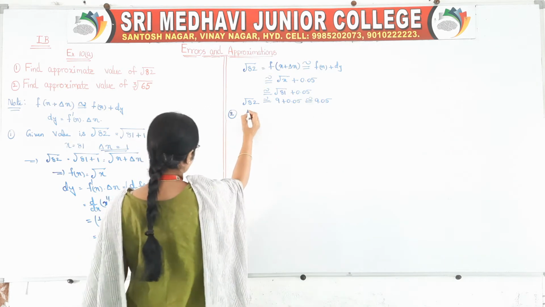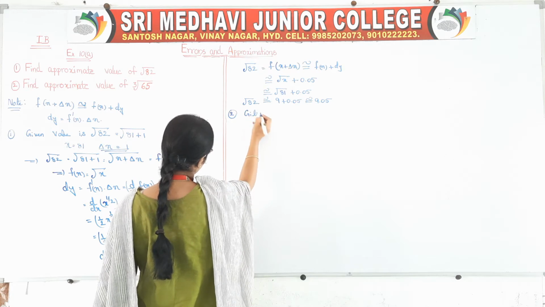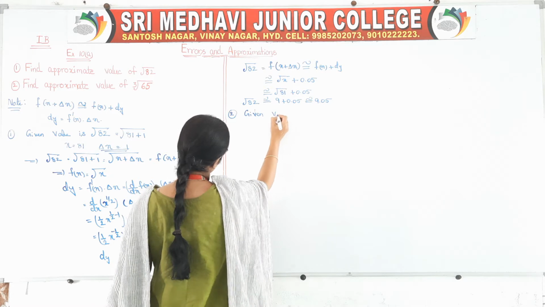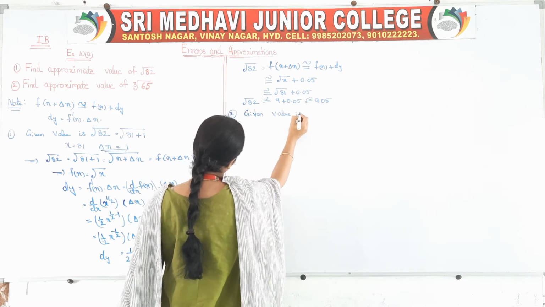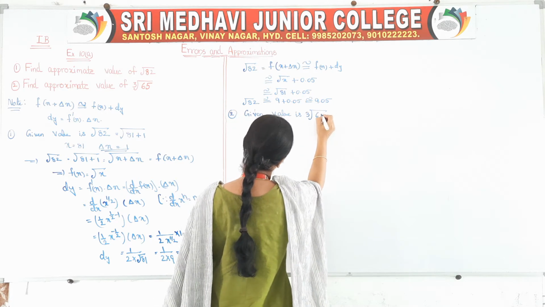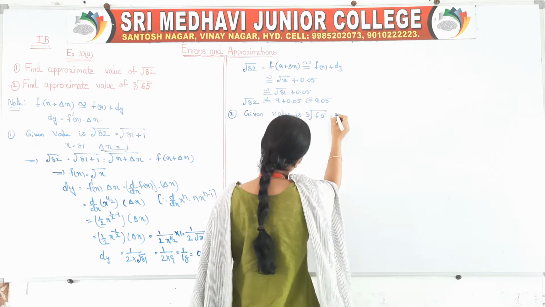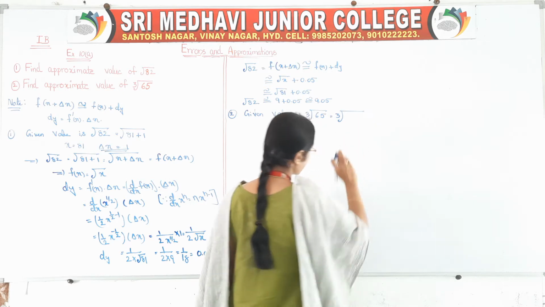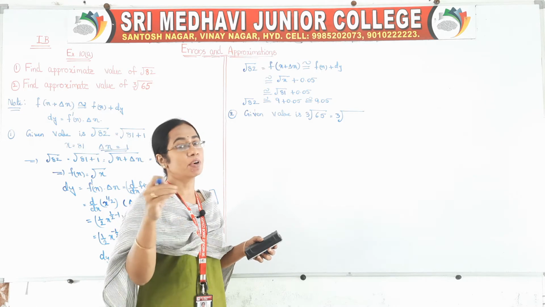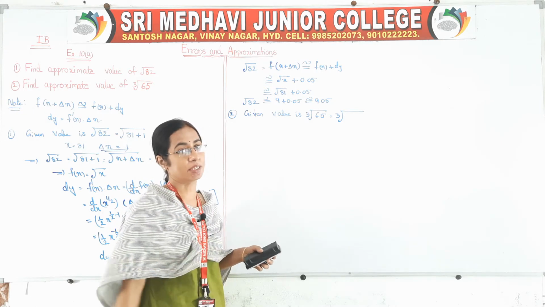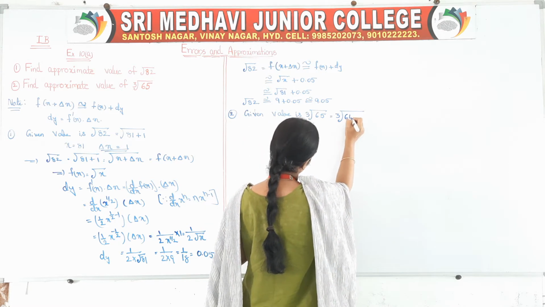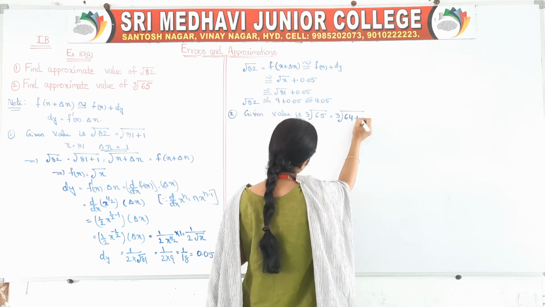So the same thing. What is the given value? It is cube root of 65. Whenever it is not a perfect cube root, try to write the nearest perfect cube value plus something. Here, for 65 the nearest cube is 64, so 65 is 64 plus 1.